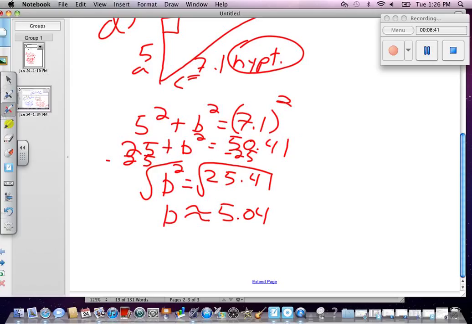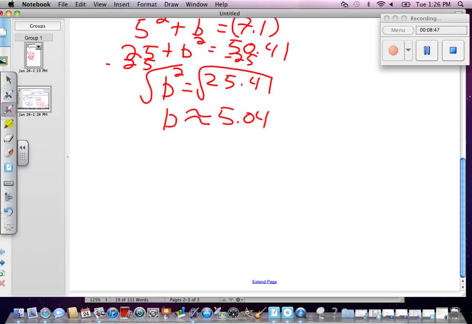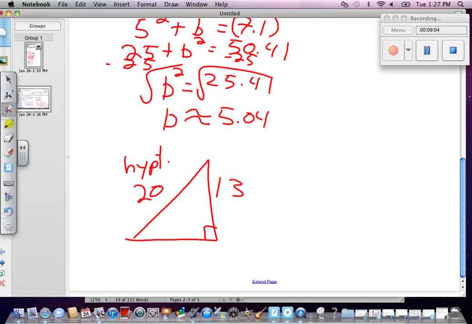Okay. I'm going to do example 3, A and B, though. So everybody's okay? I'm on example 3. It's approximately 5.04. Okay, so we've got a triangle. We know it's right. We've got a 20 and a 13. 20 is my hypotenuse. But it's asking me to find the area. What is the area of a triangle?